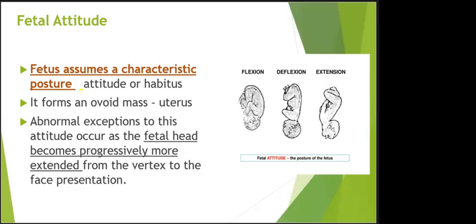As a rule, the fetus forms an ovoid mass that corresponds roughly to the shape of the uterine cavity. In a face presentation the head is very extended. This would result in a hyperextended head, wherein the vertebral column could be impinged.